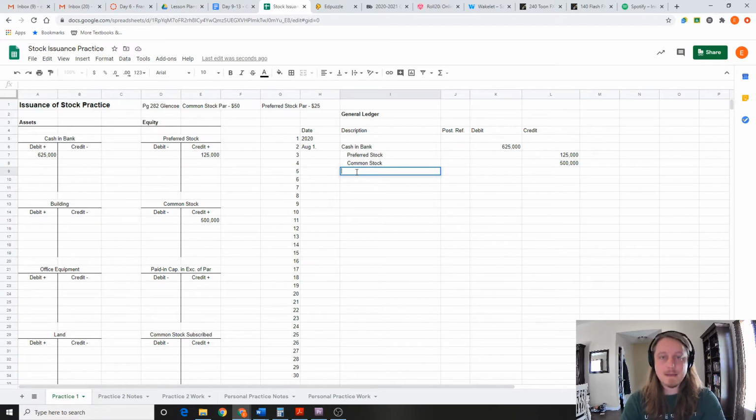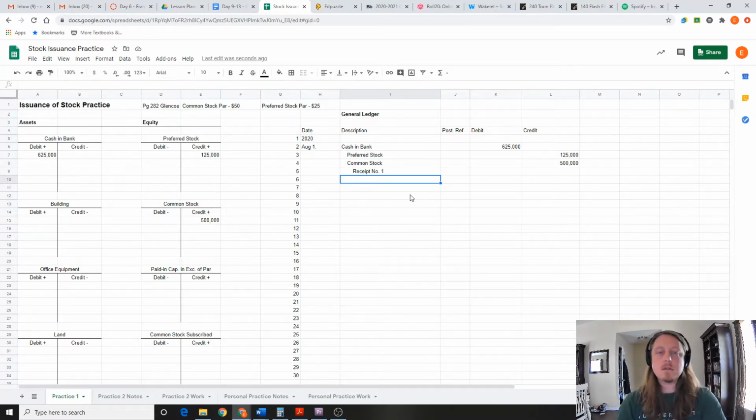I'm going to do 8 spaces. And this is where we put where did this transaction come from? If somebody did an audit, what's the proof that this happened? That would be receipt number 1 in this case. So we hit enter and we are good to go. That is our first transaction. Stock was issued, we kept account.